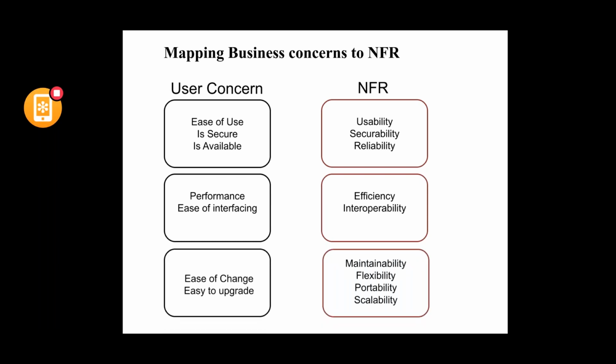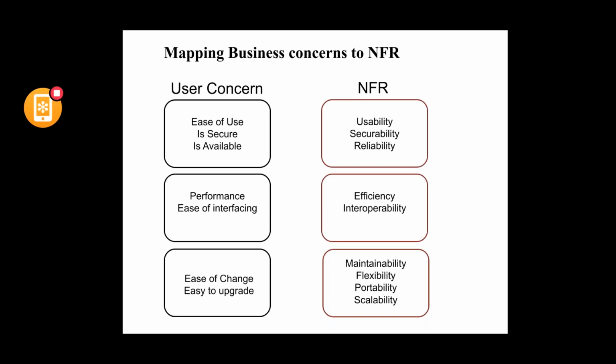If you translate the concerns into non-functional requirements, you will arrive at the definition of the non-functional requirement. Ease of using translates into usability or user friendliness. Is secure talks about the security of the application. Is available talks about the reliability of the system. Performance talks about the efficiency.